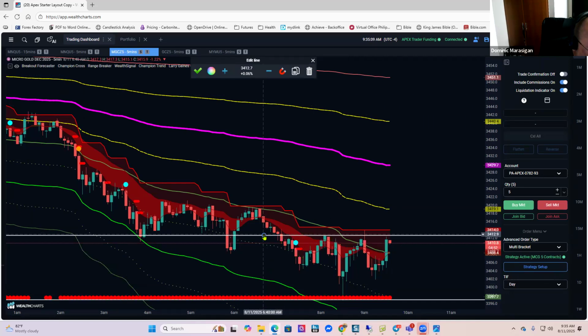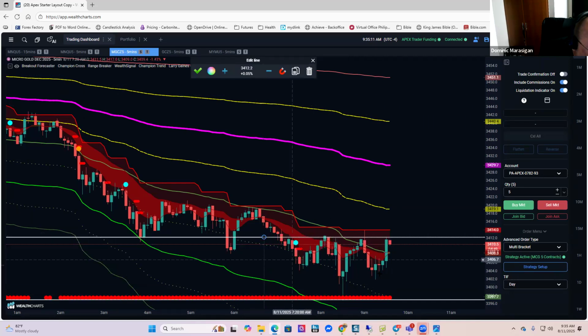See that? It didn't break it yet. So I'm waiting for that. So we could enter here, but we have to wait until it breaks that. See that wick? It has to go above that. Then you can enter the trade. Right now, it's not breaking it. But we'll be looking for a buy. Once you see the break of that, then you know it's going to be a buy.